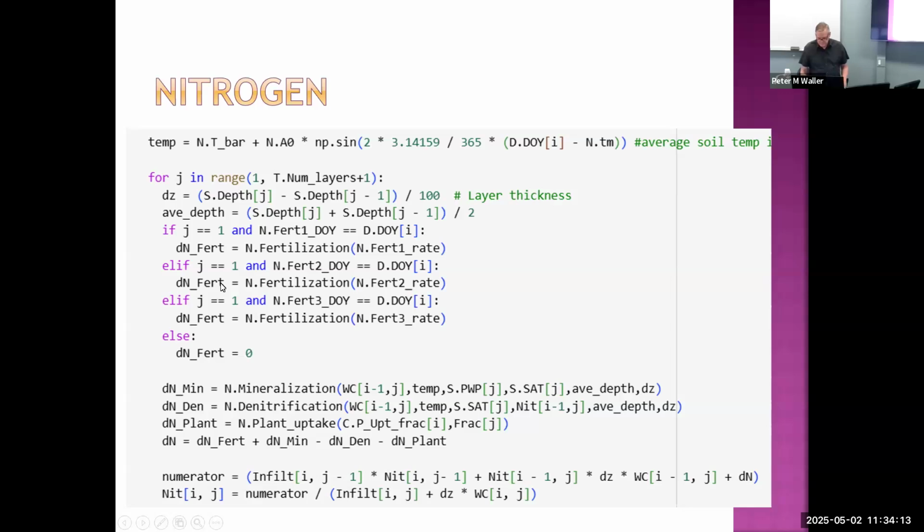And then we have our change, and this is in mass now, it's not concentration, mass per unit area: mineralization, denitrification, plant. Then we add them all together, and we just add it at the very end of the numerator. Remember, this is the same as our salinity numerator, except instead of EC, now we have nitrogen. And so the only thing we've changed really is added DN.